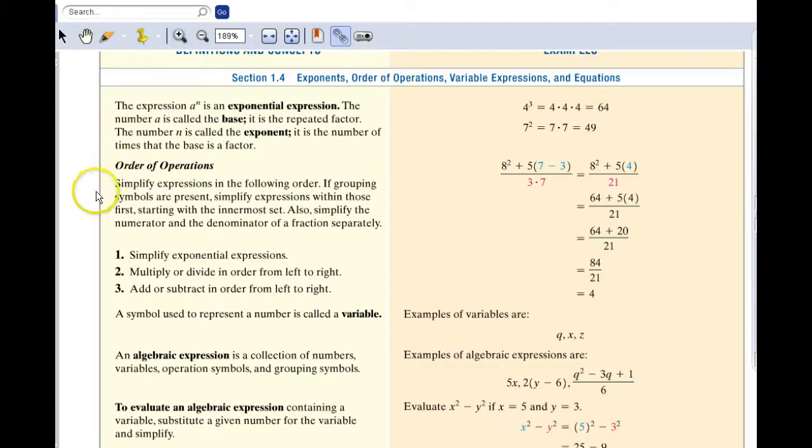And the order of operations, you might recall, we used the acronym Please Excuse My Dear Aunt Sally, where this was parentheses and exponents.